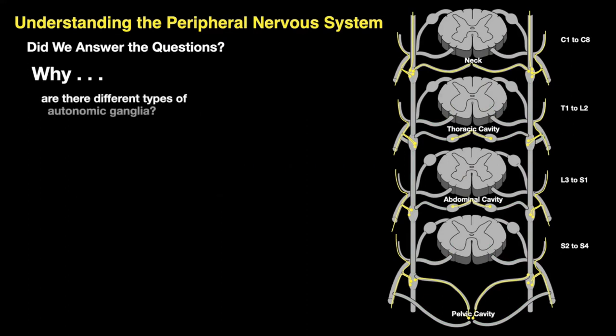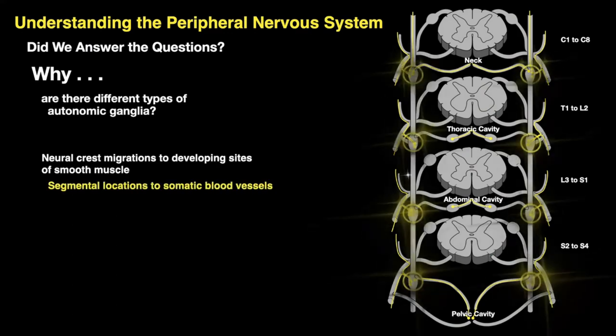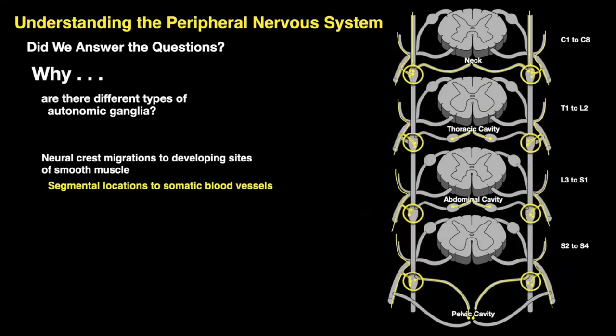Why are there different types of autonomic ganglia? And again, think about it. Neural crest migrations are what are creating these ganglia. The segmental locations to blood vessels, to somatic blood vessels back into the wall, all those sympathetic trunk ganglia, that was following blood vessels back into the wall.